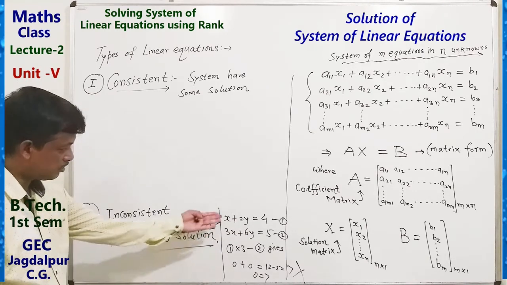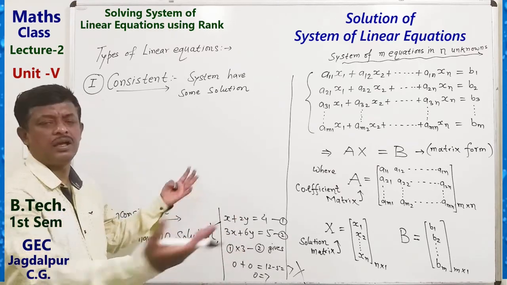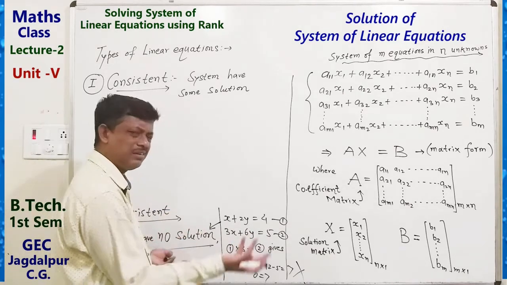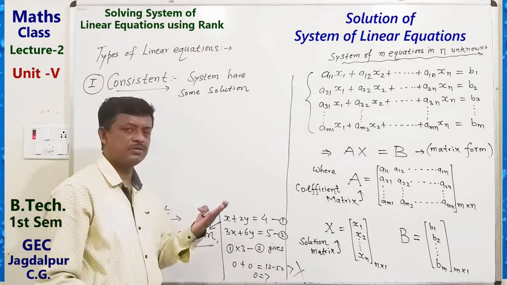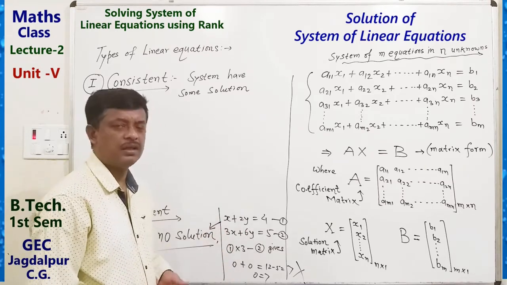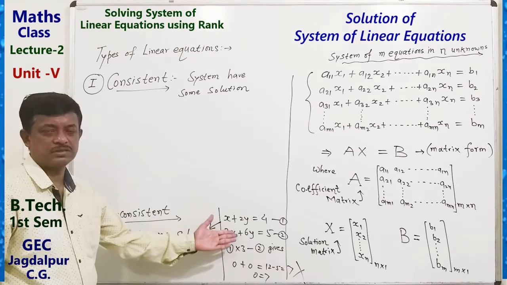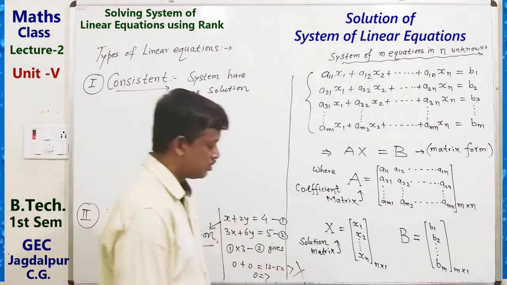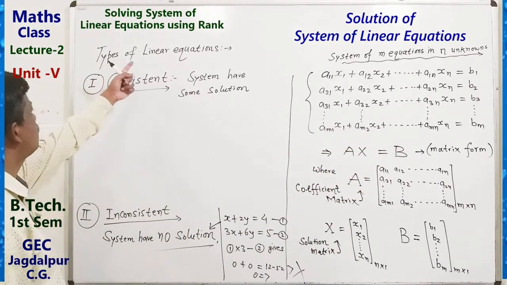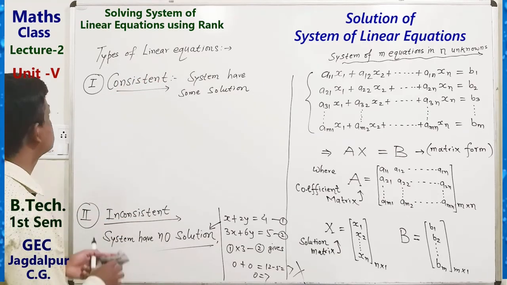So this type of system is 2 by 2. You can get also 2 by 3, 4 by 6 and different types of equations, different number of equations, different number of unknowns may be there and the system may have no solution. For example, this. System of linear equations.